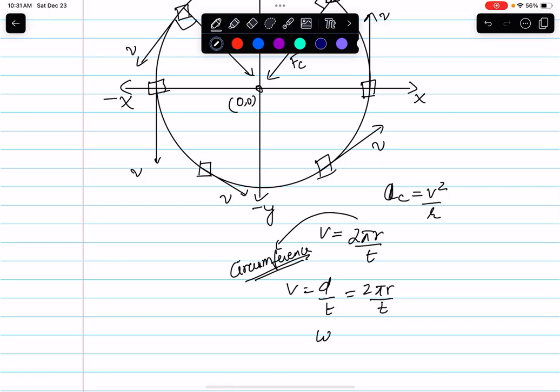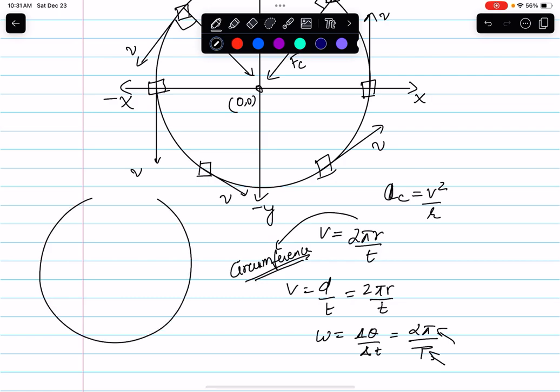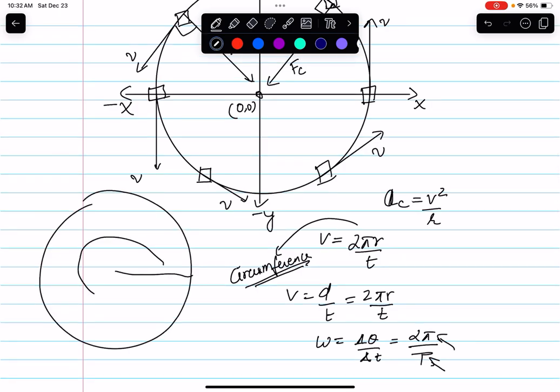And we know over here that omega, our angular velocity, is change in theta by change in time, which can be of the form 2 pi by T, where T is the time period and 2 pi is the overall angular displacement, right? So in a circle, the maximum angular displacement you can make is 360 degrees, and this is like one oscillation, so you do it in one entire time period, capital T. Okay?